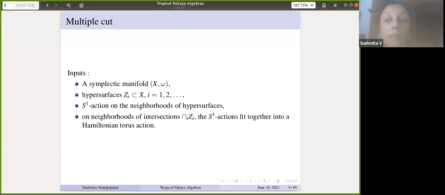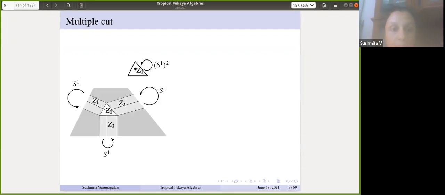Okay, so a natural generalization of the symplectic cut is a multiple cut, where the symplectic manifold X has a collection of hypersurfaces, and each of these hypersurfaces has a Hamiltonian S1 action in their neighborhoods. And on the intersections, the S1 actions fit together to form a Hamiltonian torus action. So schematically, an example can be represented as follows.